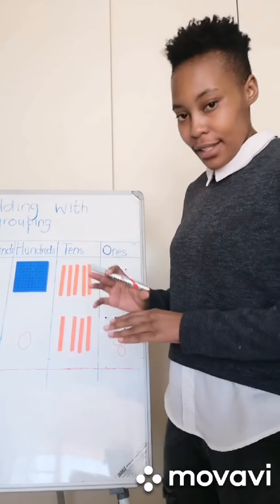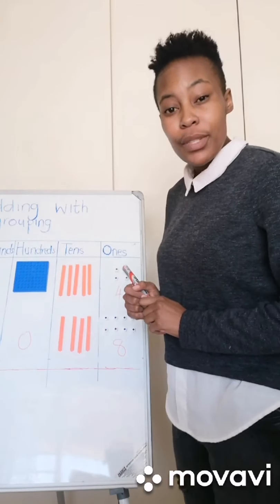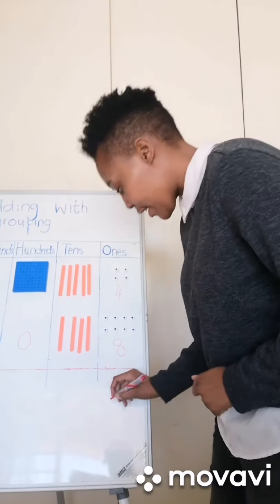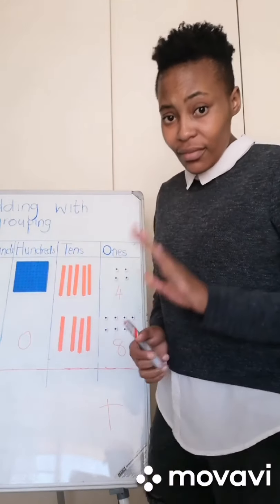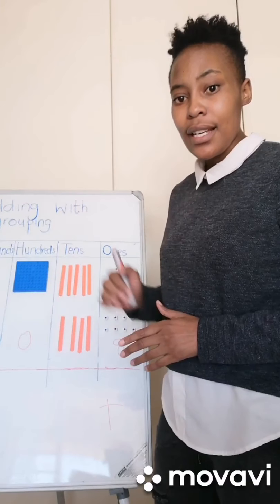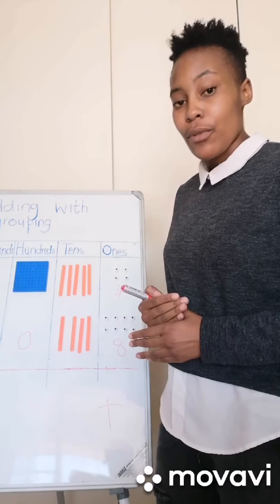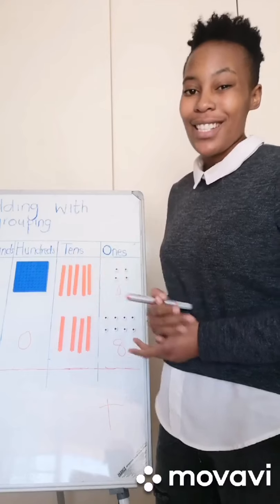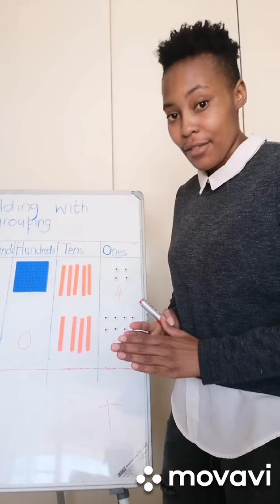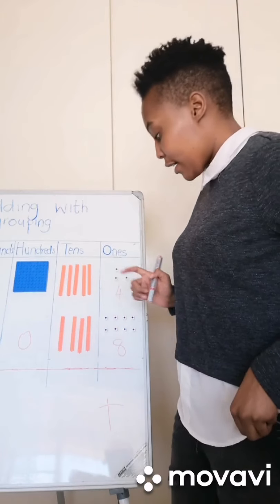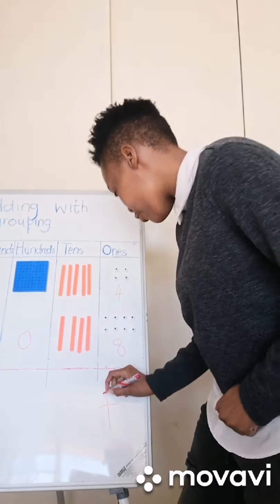In order for you to regroup successfully, you have to have another place value table. And remind yourself always that the ones share their sugar with the tens, the tens share their sugar with the hundreds, and the hundreds share their sugar with the thousands. Keep that in mind every time. We are going to regroup 12.